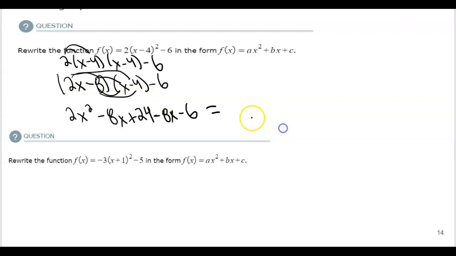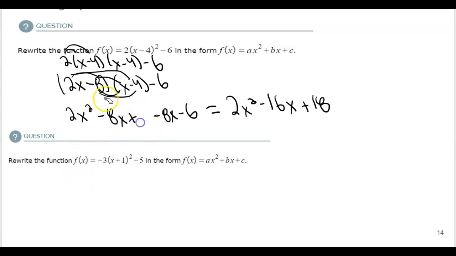And that would simplify to, we're making a mistake somewhere.